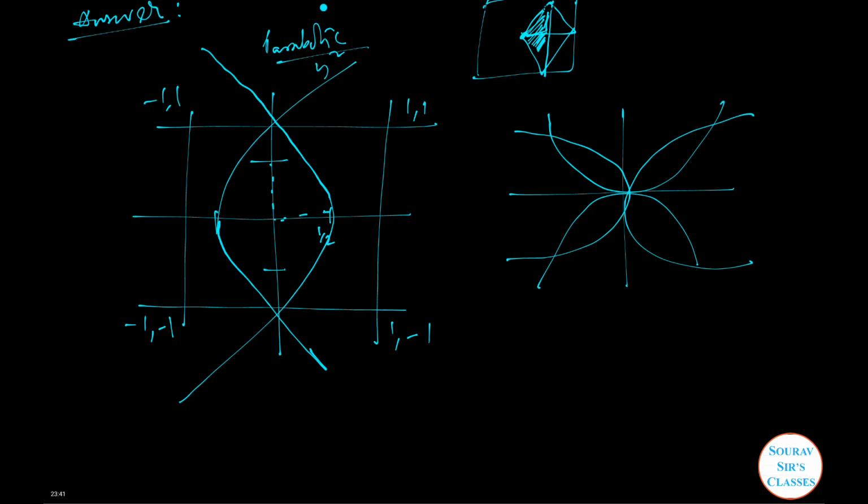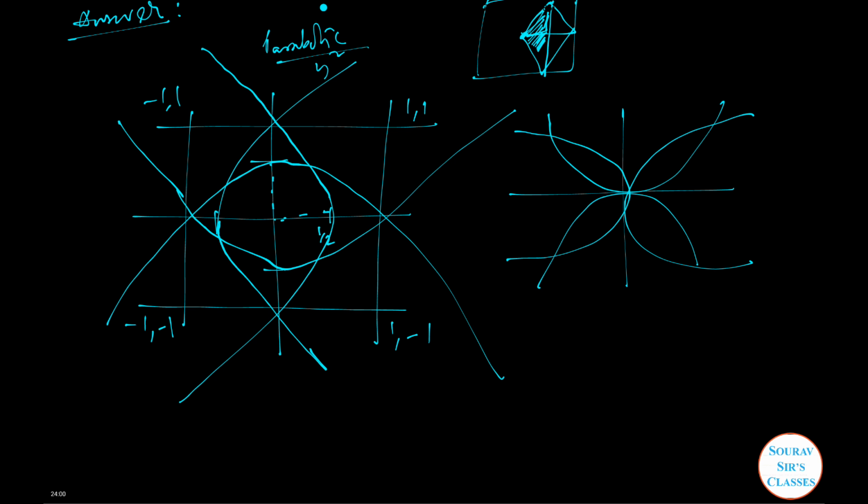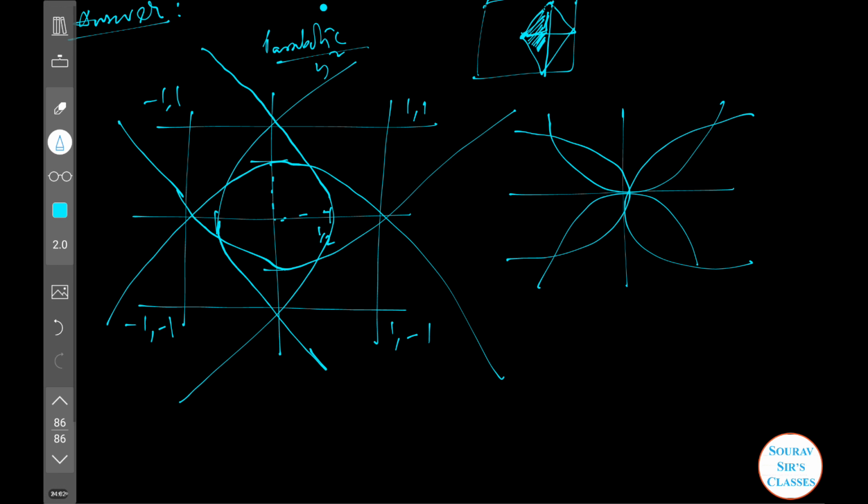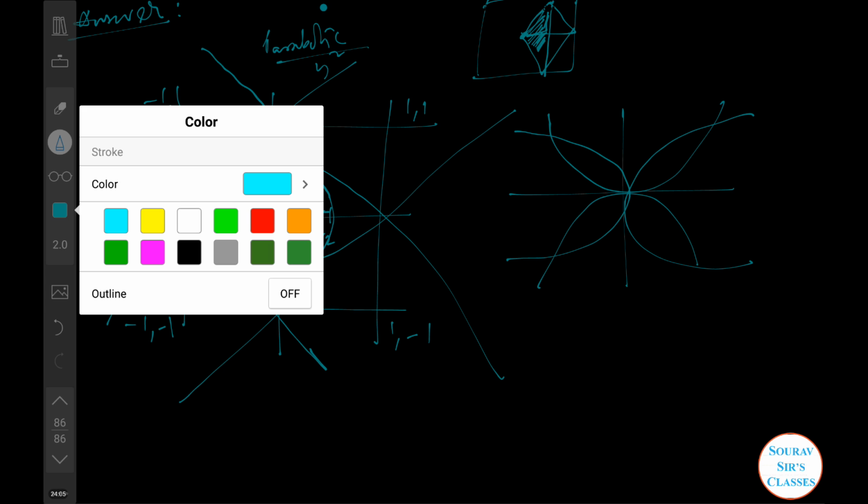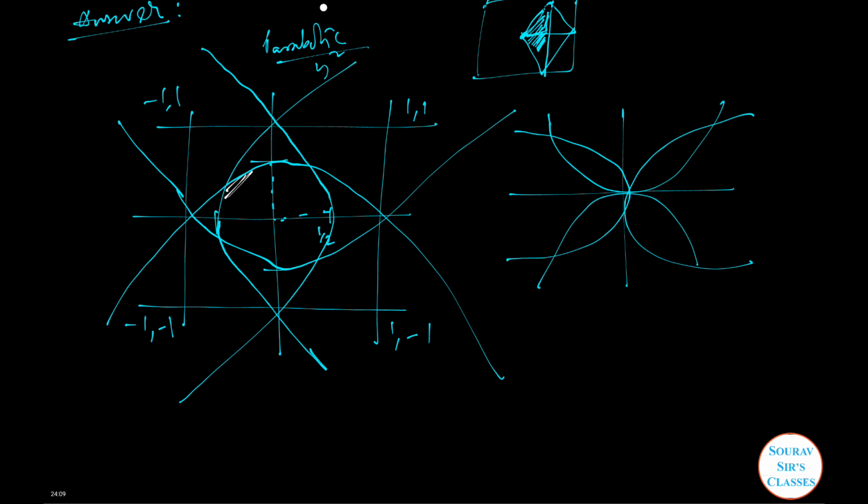Similarly, the third parabola will start from this point, and it touches this and goes like this, and the fourth will come and go like this. So this is a particular formation, and we are interested, let me use a different color, in this particular area. This is the area we are looking for.